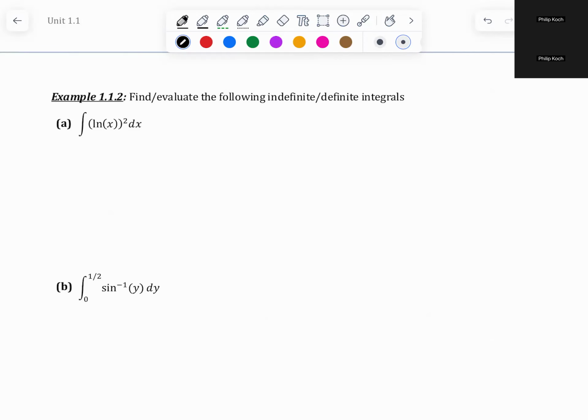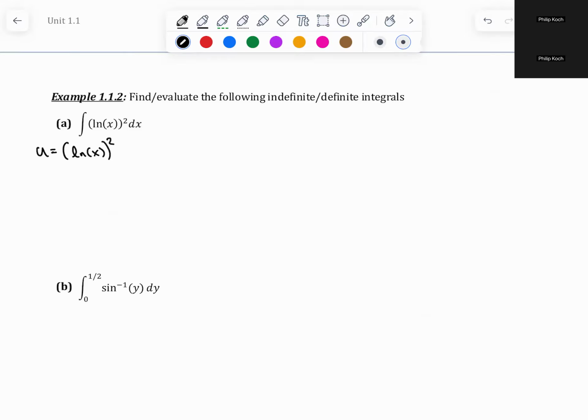So we could either try making u equal to natural log of x and dv equal to natural log of x dx, since we do know what the integral of natural log of x is now, but I don't necessarily think that's going to help. So maybe we should make u equal to natural log of x quantity squared.